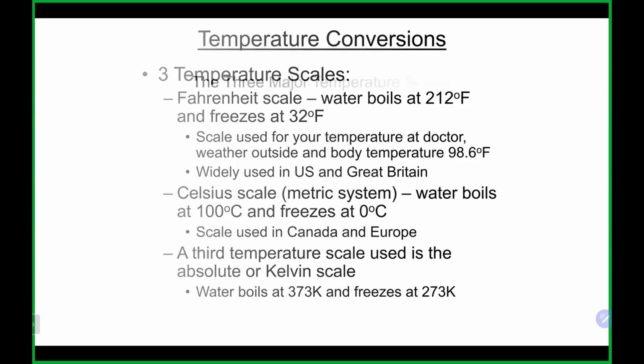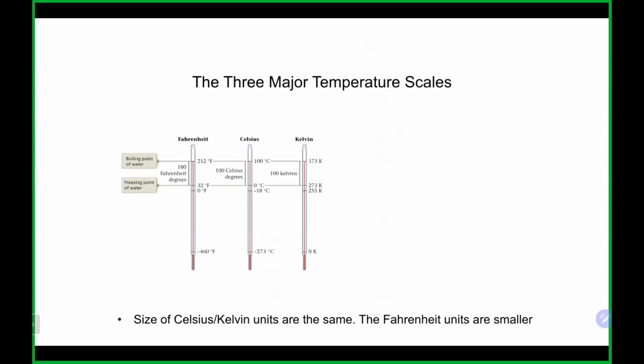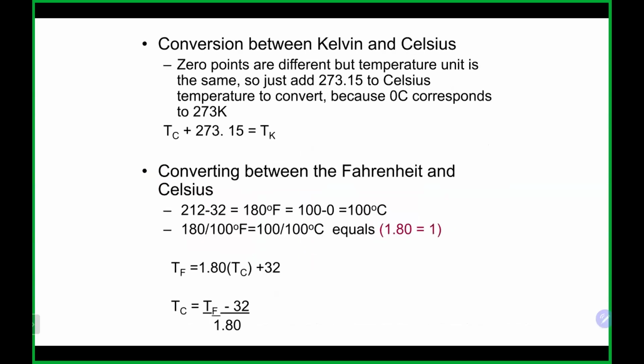Now, when we look at these, the difference between where water freezes and where water boils on these scales is really how we convert between them. It's about a 180-degree difference on the Fahrenheit scale between freezing point and boiling point, and it's about 100 units on the other two. And that's what allows us to sort of convert between them.